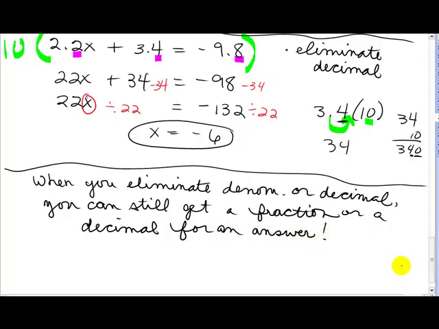So that's something to keep in mind here. So if you do happen to get a decimal or a fraction, even though you got rid of them, you can. Just like we said, you can have 0 for an answer, but you can't get rid of all the x's. All the x's and y's can't disappear.